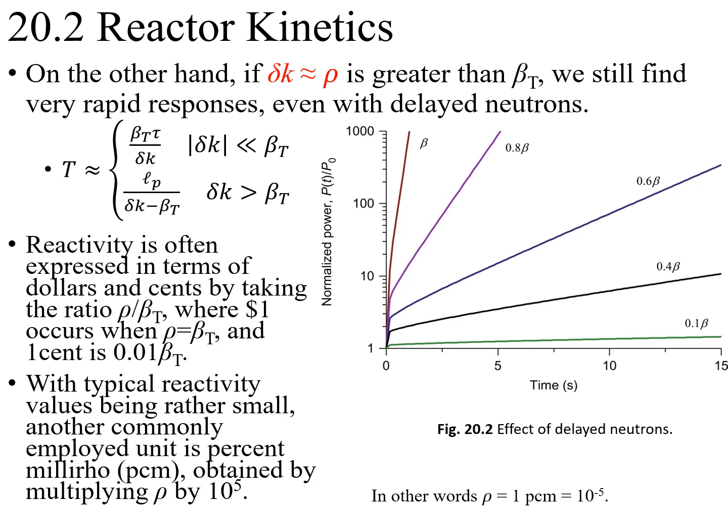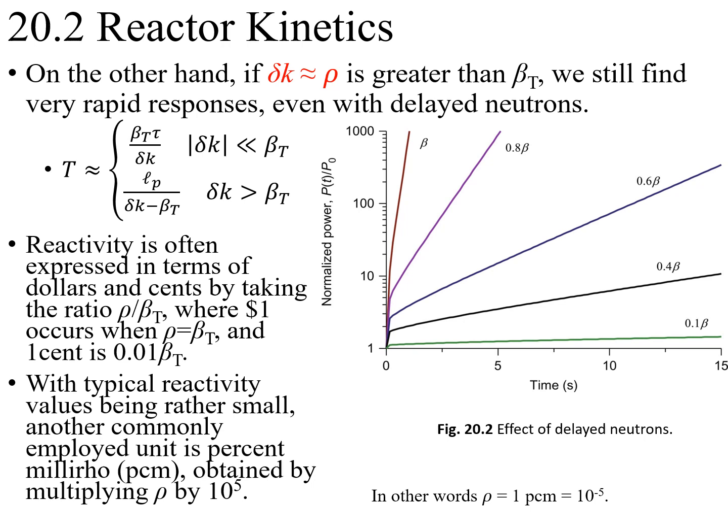Previously, in the previous example, we used a very small delta K. In that case, we found out that the reactor power or neutron population increased slowly. On the other hand, if your delta K, which is approximately equal to the reactivity rho, or rho is greater than beta, means that you have a higher multiplication factor or much higher reactivity insertion into the reactor.